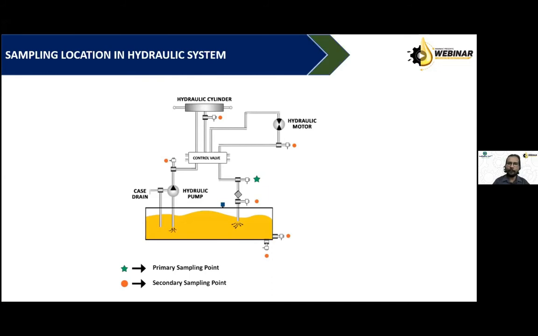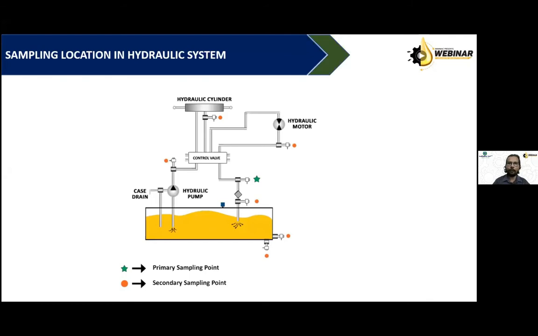So whenever it inhales the air, it will take contaminants from ambience or surrounding air, and the air comes in contact with the oil top surface. Oil has a tendency to absorb moisture or to dissolve the contaminants into it.